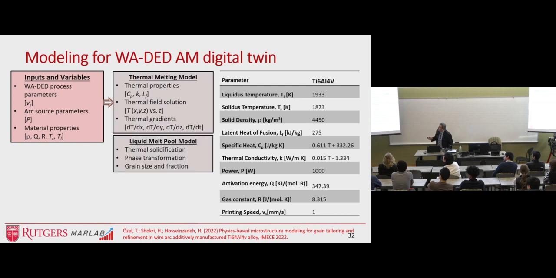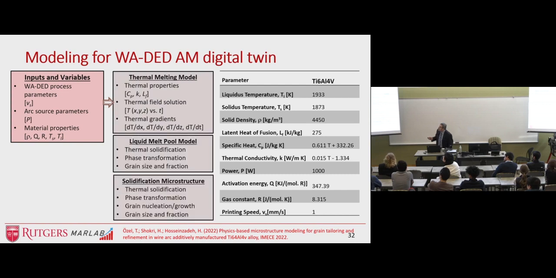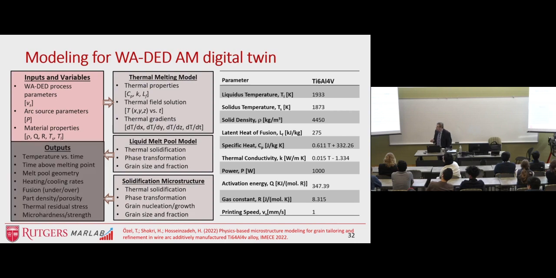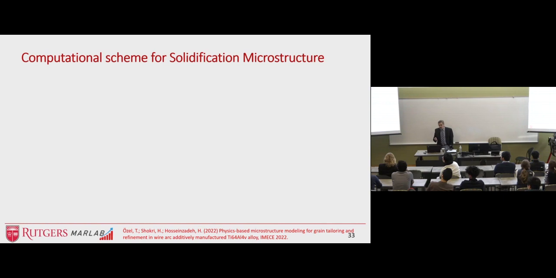So in terms of the model for the wire arc DED, we can take the inputs and variables just like laser powder bed fusion, but this time we have a different heat source, arc source parameters, and then solve it for the thermal model, and then obtain the melt pool model, and then use a solidification microstructure model. This time we use a cellular automata model for the solidification microstructure, and we get a number of outputs. And this is the material, which is Ti64, titanium aluminum alloy.